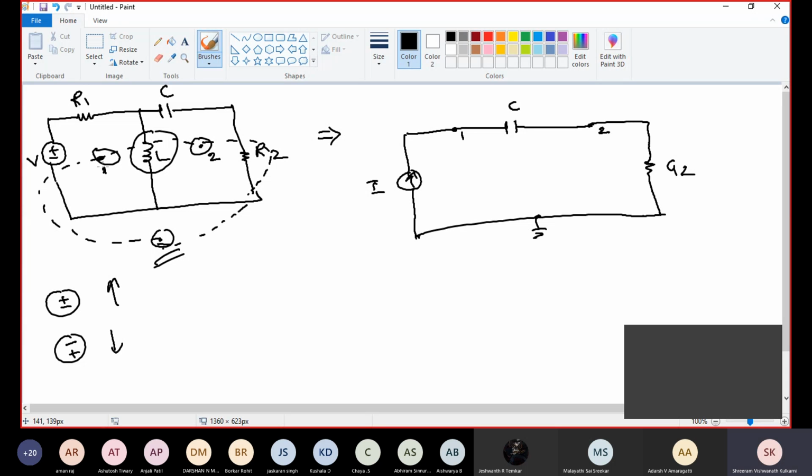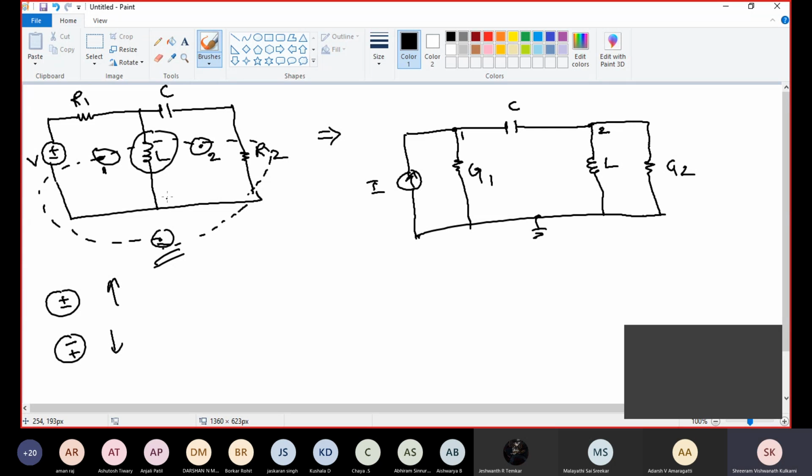Now this R1 is in parallel with node 1, which is inside the loop 1, so R1 is replaced with G1. Then this node is parallel with this capacitor, so I'm going to write inductance instead of capacitance C. This is L.